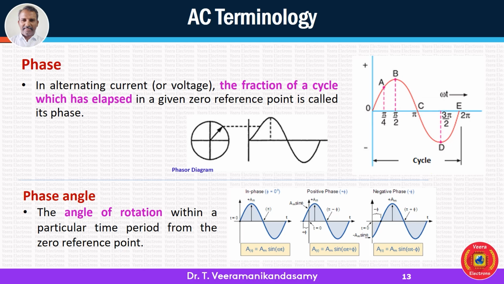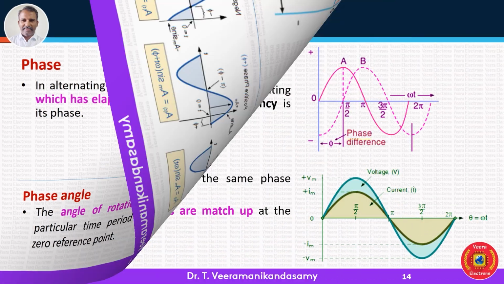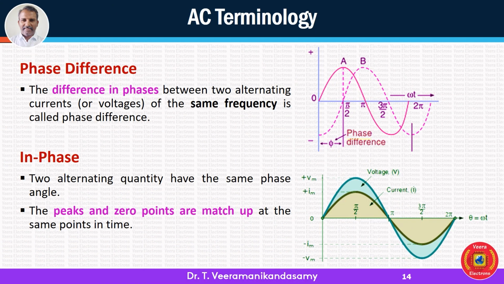Phase in an alternating current or voltage is the fraction of a cycle that has elapsed relative to a given zero reference point. The phase angle is the angle of rotation within a particular time period measured from that zero reference point. The phase difference is the difference in phases between two alternating currents or voltages of the same frequency.